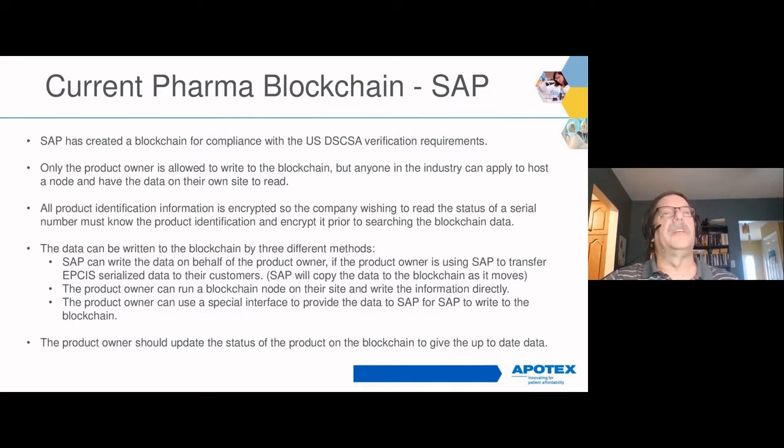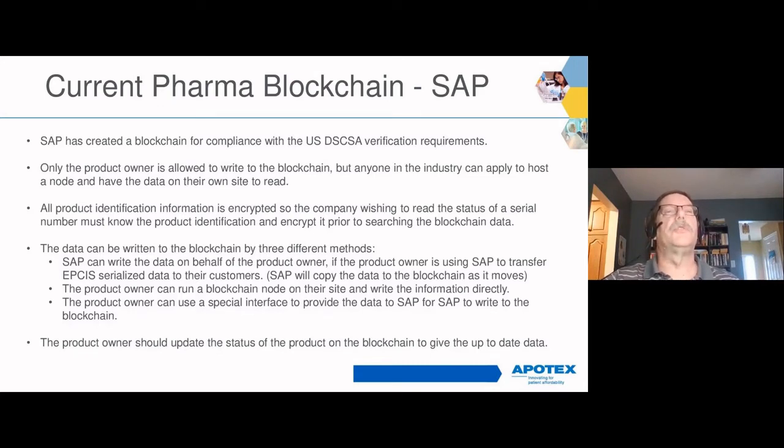All of the product information is encrypted so that any company that actually wants to read the status of the serial number must know the product identification and be able to encrypt it prior to searching the blockchain to see if the data is there or not.